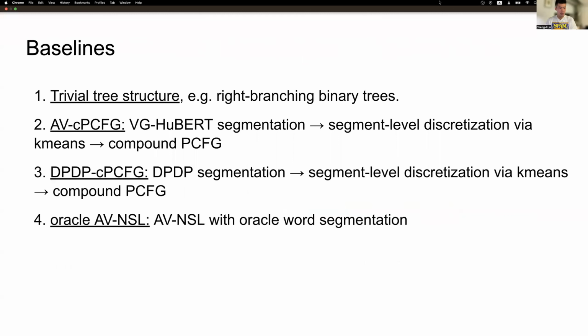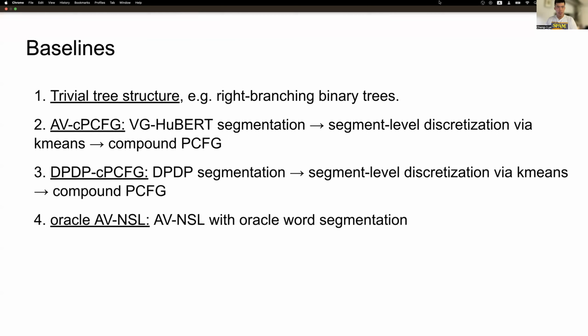We're now going to talk about several baselines that we constructed for tree induction. The first baseline is trivial tree structure, where we're given the oracle number of word segments, and we can run a right branching binary tree or left branching binary tree algorithm.